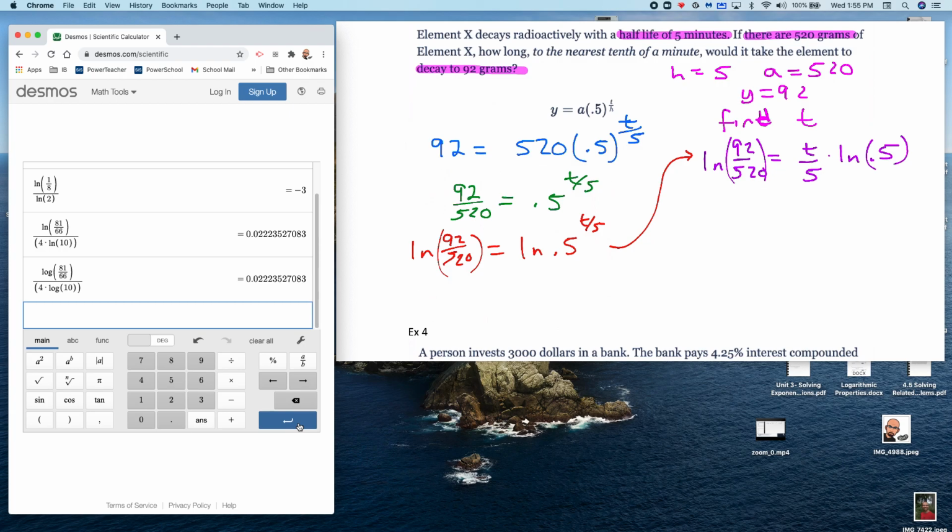Now, in here, if I go through and I divide by the natural log of 0.5, the natural log of 92 over 520 divided by the natural log of 0.5, I still have T divided by 5 here. So how do I get T by itself?